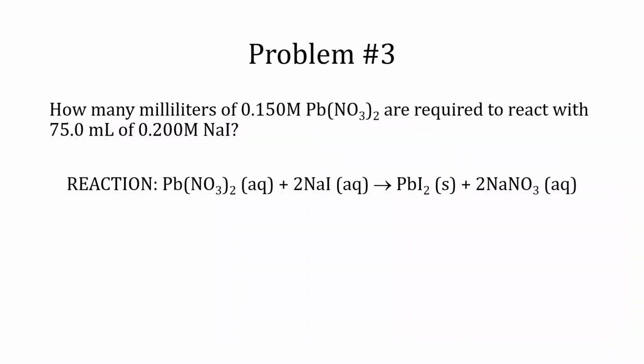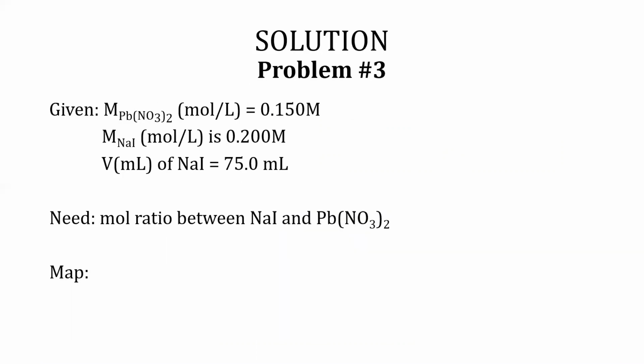Problem 3 is, how many milliliters of a 0.150 M PbNO3 are required to react with 75 mL of 0.200 M NaI? The reaction is PbNO3 plus 2 NaI forms PbI2 plus 2 NaNO3. The given information is that the molarity of PbNO3 is 0.150 molar.